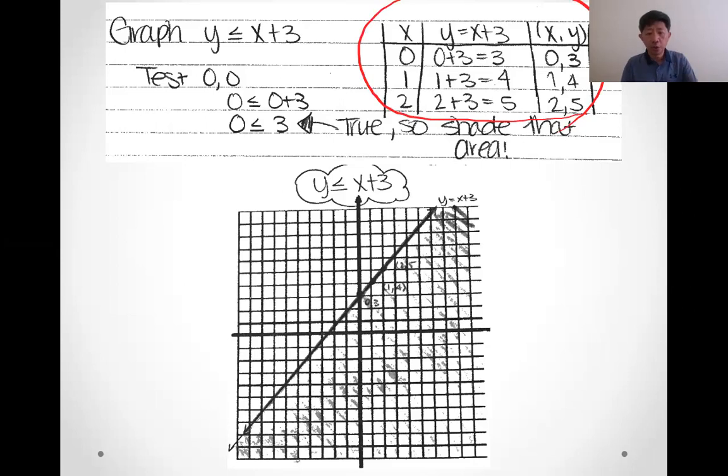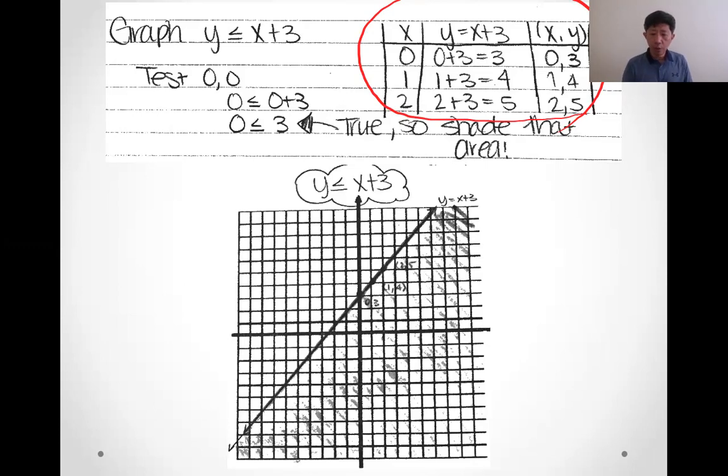If I plug in 0, then y is equal to 3, right? If I plug in x equal to 1, y is equal to 4, right? If I plug in 2, I find y is equal to 5, because 2 plus 3 equals 5. So we have the coordinate points (0, 3), (1, 4), and (2, 5), okay?